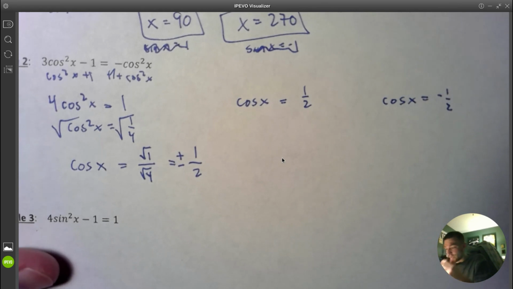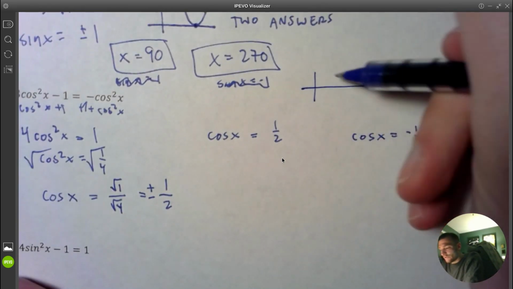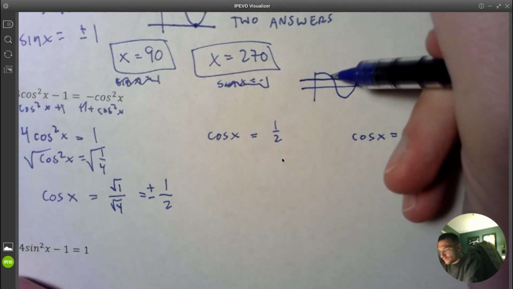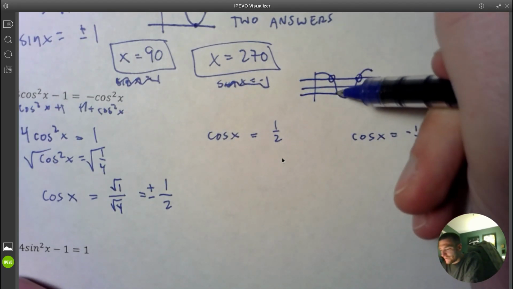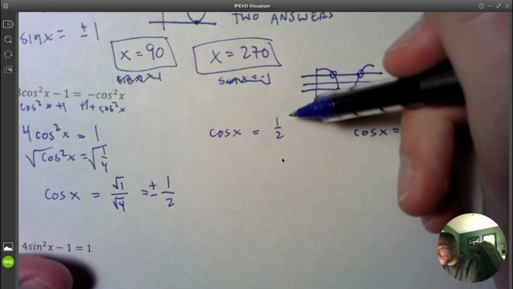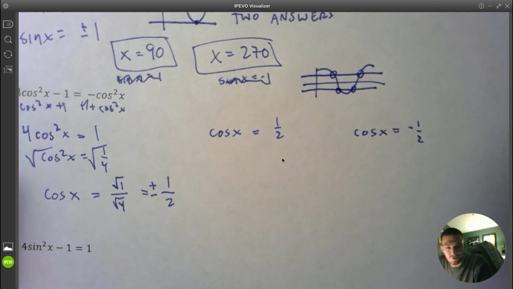Now that's going to give me quite a few. If I think about my cosine graph, positive 1/2 twice, negative 1/2 twice. So I'm expecting 4 answers from this question.